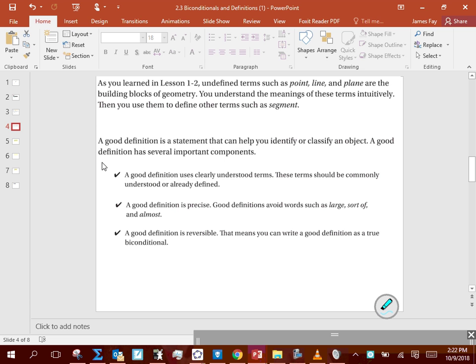That would be effectively reversing that, and we don't want to do that, okay? So basically that last statement says a definition can be written as a biconditional, but not every biconditional is a definition. Does that make sense? Okay? We'll have biconditionals that talk about properties and rules and that kind of stuff that aren't addressing how to categorize or organize objects, okay?